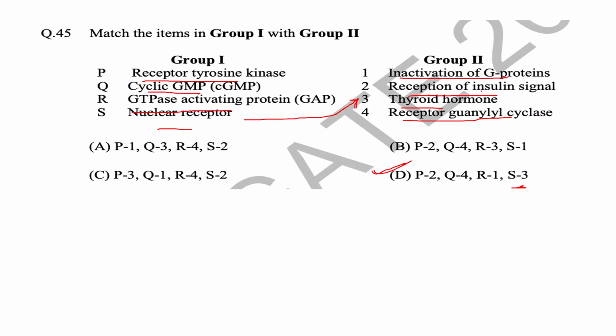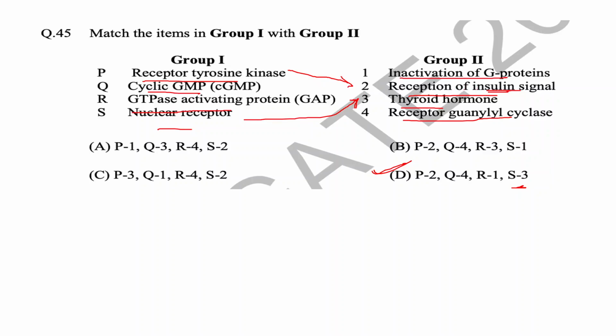Okay, whereas the insulin signal, insulin is a kind of hydrophilic molecule, so it will go and bind to the receptor tyrosine kinase, P2, okay, because the receptor tyrosine kinase is present on the cell surface. That's why it will bind to the insulin signal.